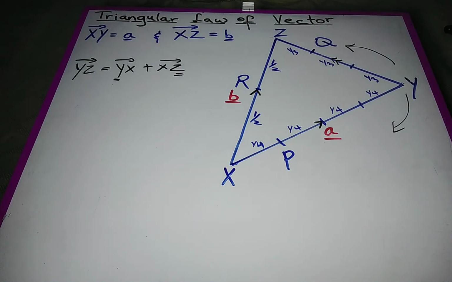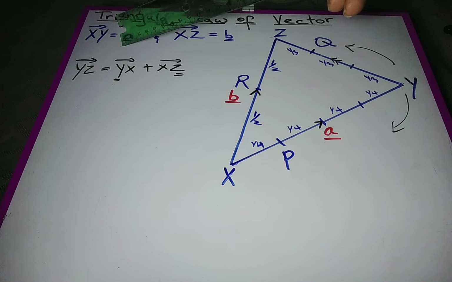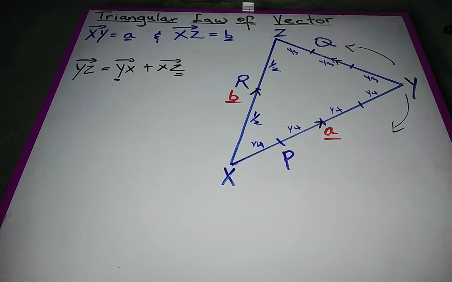All right. What is vector YX equal to? Was that given? No, but what was given is XY is A. So YX would be negative A because it went the opposite direction.